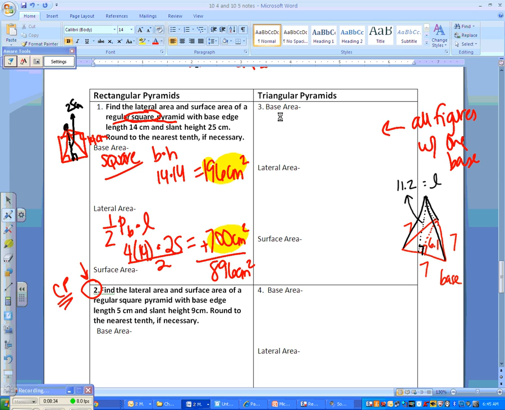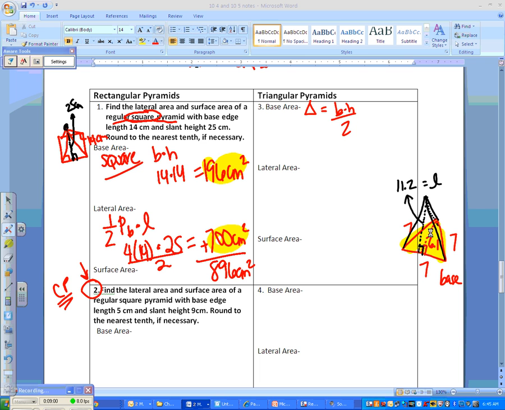All right, so to find the surface area of this problem, first we're going to find the base area. The base area this time is a triangle. To find the area of a triangle, it's base times height divided by 2. Okay, so looking at our base, I'm going to highlight it for you because some people are going to be confused by this picture. This is our base. So the base and the height, remember, are perpendicular.